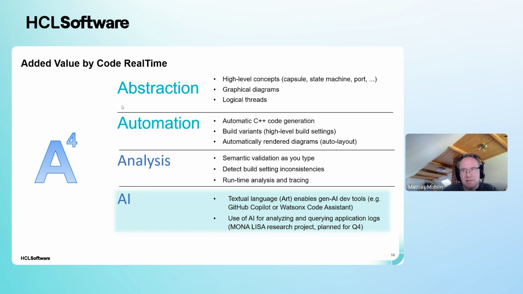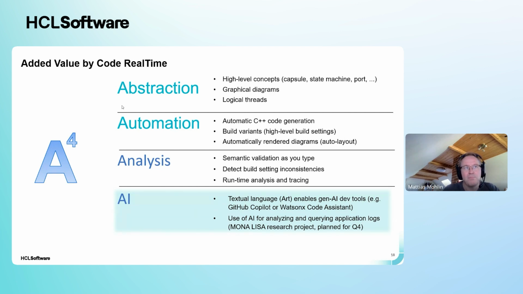It's called Mona Lisa. Here we will work together with some universities and some other companies in this domain to try to use AI for analyzing and querying application logs. For example, it would be very useful if operators can use natural language for querying the application logs, so they don't need to know a formal language that you may need to do today.